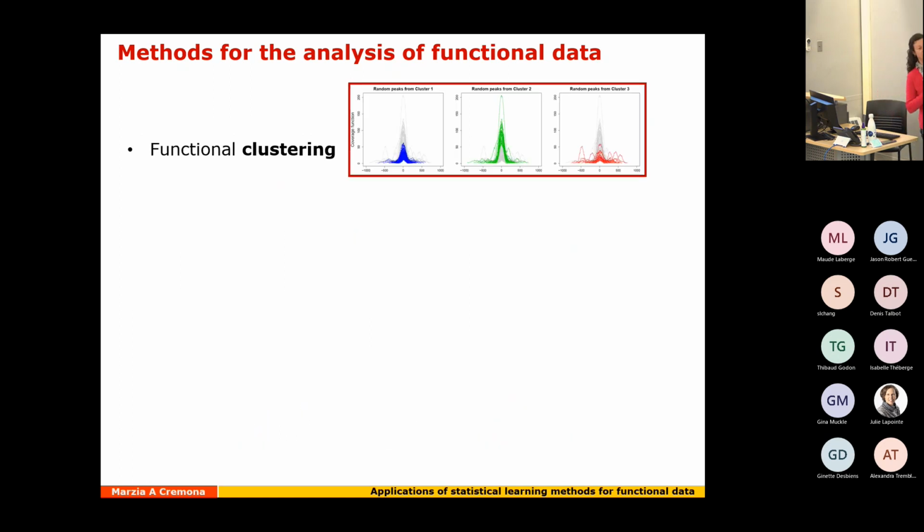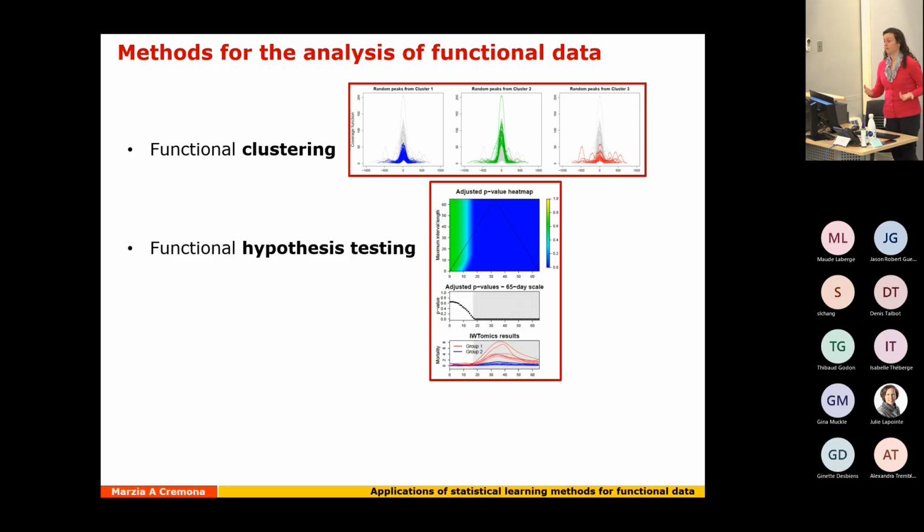Okay, so once we have our functional data, what can we do? Well, basically all the statistical methodology you can think about for multivariate data, you can find also for functional data. So there is almost always a version for functional data. For example, we can have functional clustering to find groups of curves based on their shape.